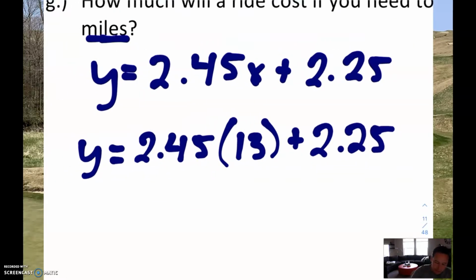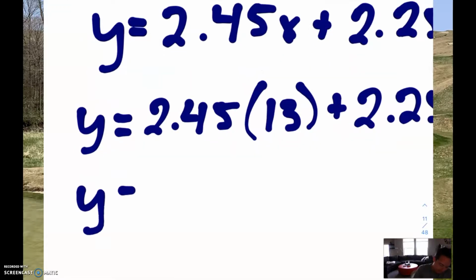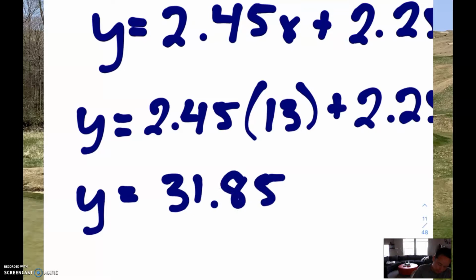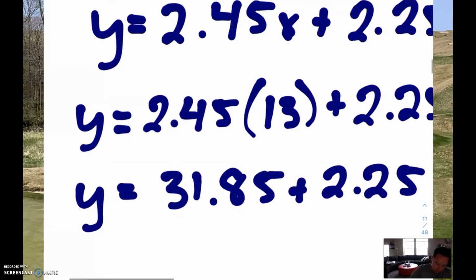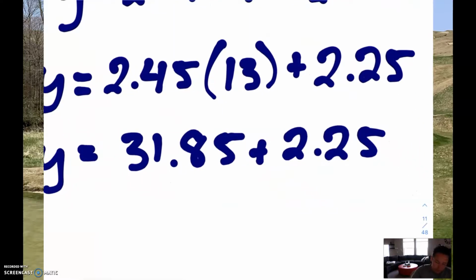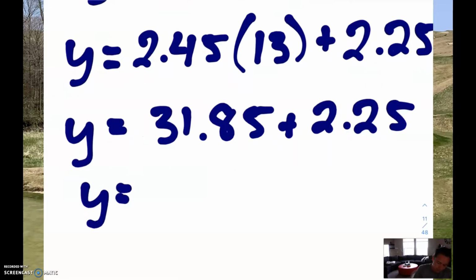Then we're going to take that 2.45 and multiply it by 13. That gives us 31.85. But then we still have to add in that 2.25 that they charge to pick you up. If you add those together, we get 34.1, which is what your calculator will show you.